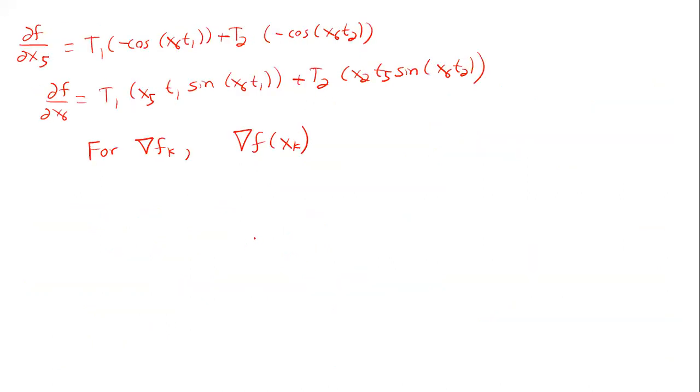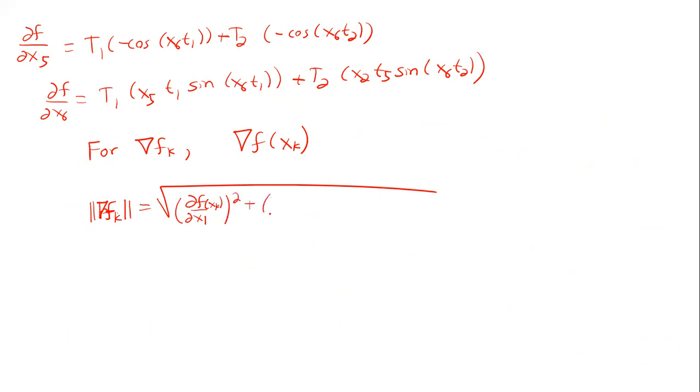And we also know that we're going to need the norm of del fk in order to get our pk as well. As a reminder, you can do df over dx1 at xk squared plus df over dx2 at xk squared plus dot dot dot plus df over dx6 at xk squared. And so that's the two norm.